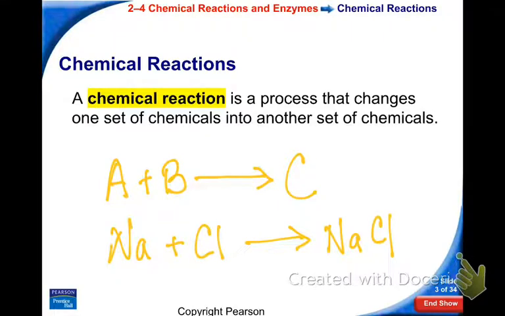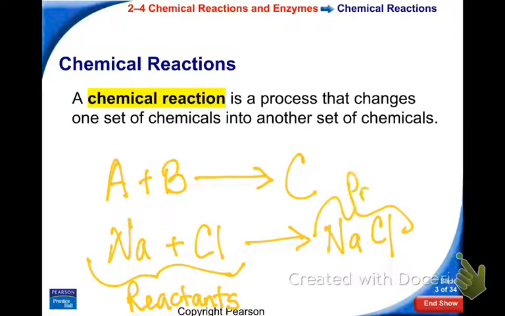Okay? Everything here on the left side of the equation, these are called the reactants. They're reactants because they react with each other. And everything on the right side over here, these are called products. This is what is being produced. Now notice on this side, I've got 1 sodium and 1 chlorine.